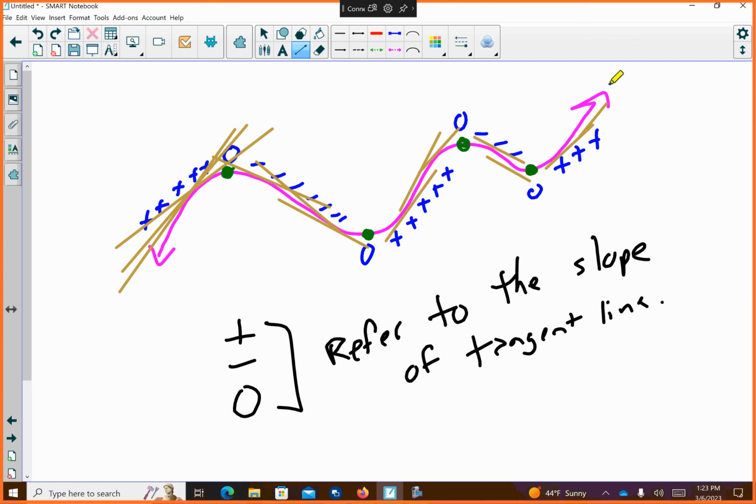But the positive and negatives refer to what's taking place there. At the zeros, I would have a slope of each of these lines being 0. That's all it means. And we'll eventually get to creating something called sign lines on how these things take place. Okay, so let's see.